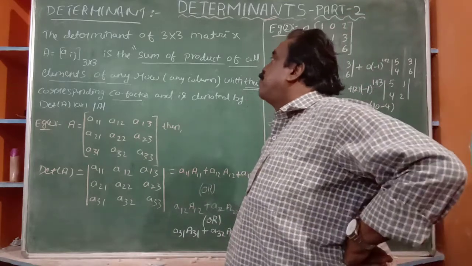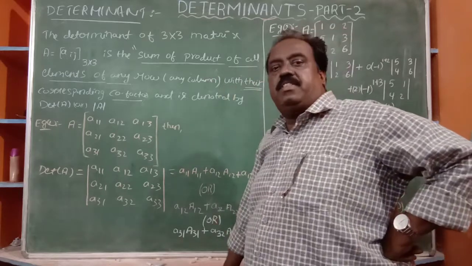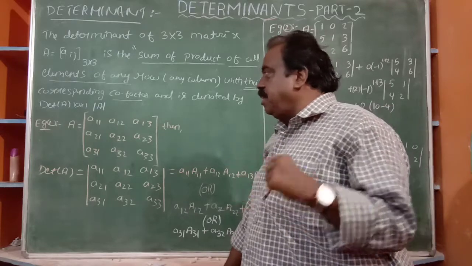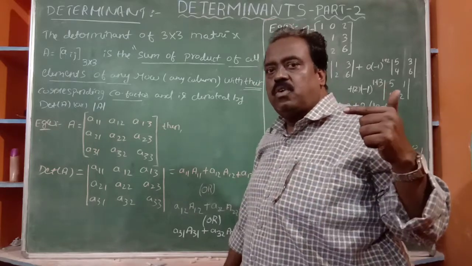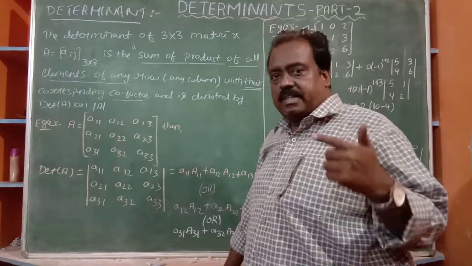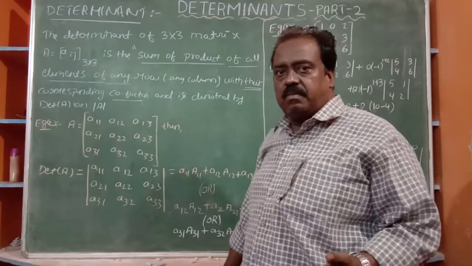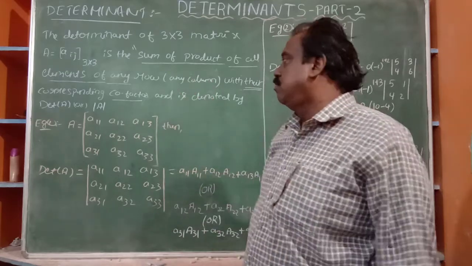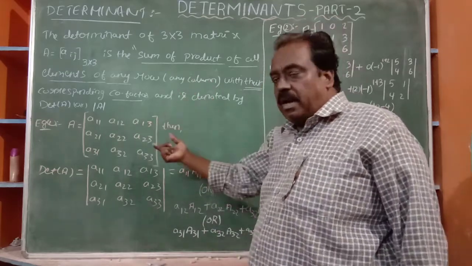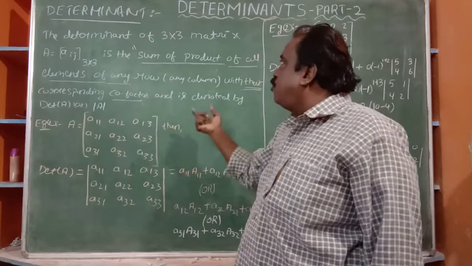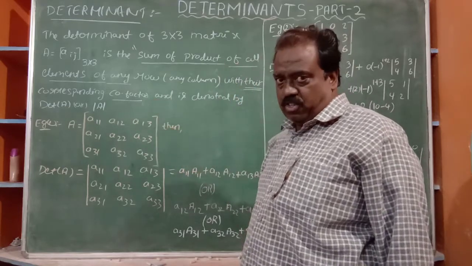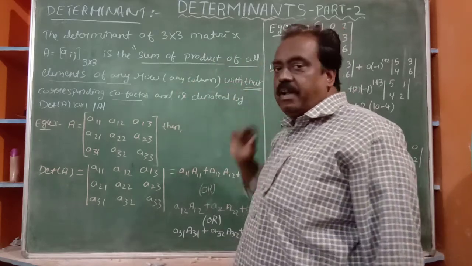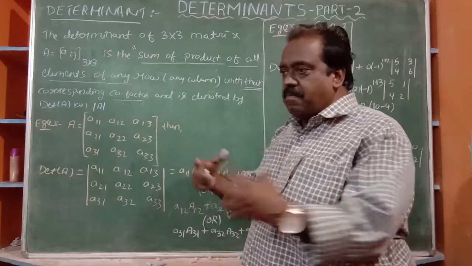Once again observe, the determinant of a 3 by 3 square matrix is, in that 3 by 3 square matrix, you select first row, second row or third row, or first column, second column or third column. You take any one row or any one column. In that row or column, all the elements are multiplied by their corresponding cofactors and summed up.